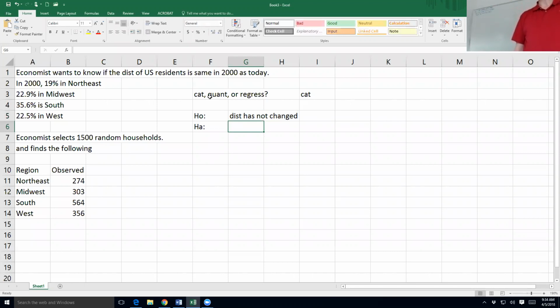Now that's consistent with a generic null hypothesis. What does a generic null hypothesis mean? No change, no difference, fair coin, that kind of thing. So we're consistent in that case, but this is the one case where I'm going to let you break the rule. You can actually write a sentence for this. Now the alternative hypothesis would be the distribution has changed.